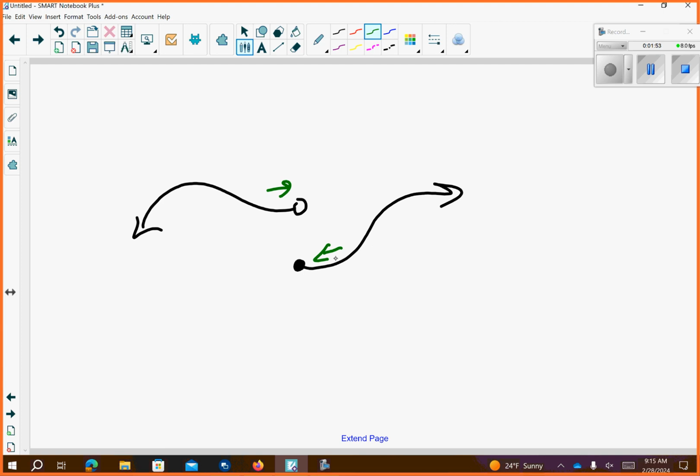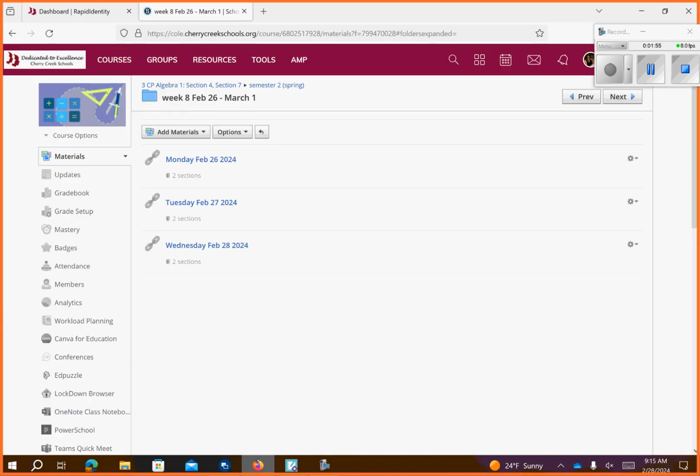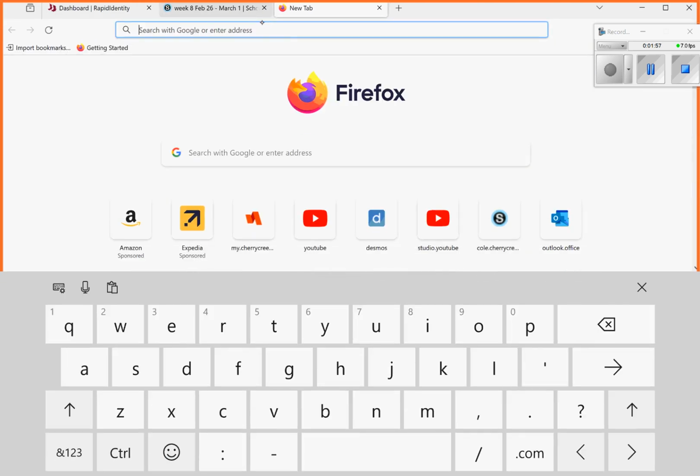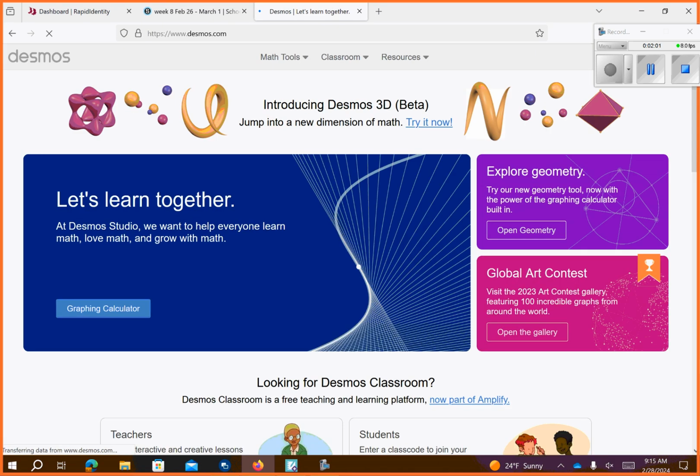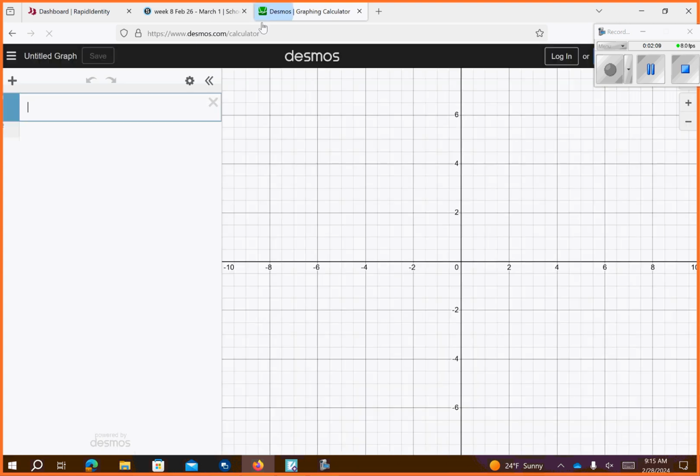Let's just graph the first graph on Desmos and see what it does for us. All right, so we have x squared minus 2x minus 3 all over x minus 3.